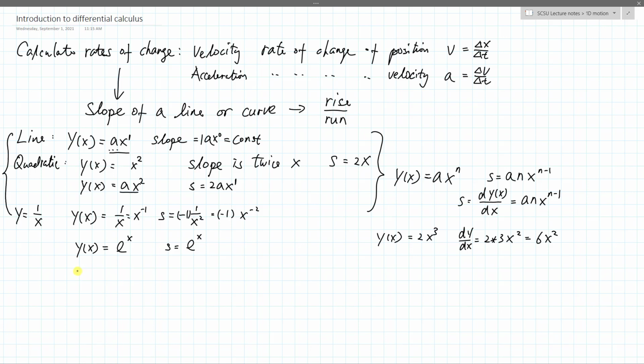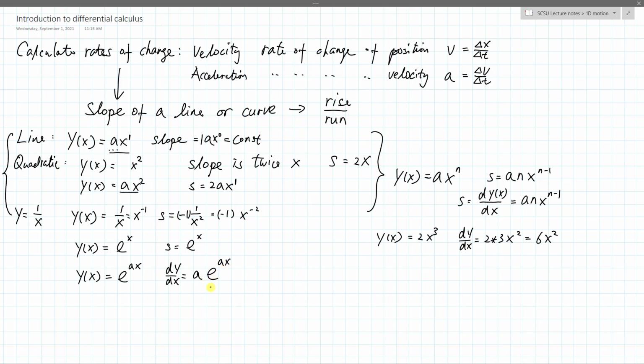So if I write this in a more generic way, actually, excuse me about that. So let's put x over here. And then the slope, or dy over dx, is going to be a e to the ax.